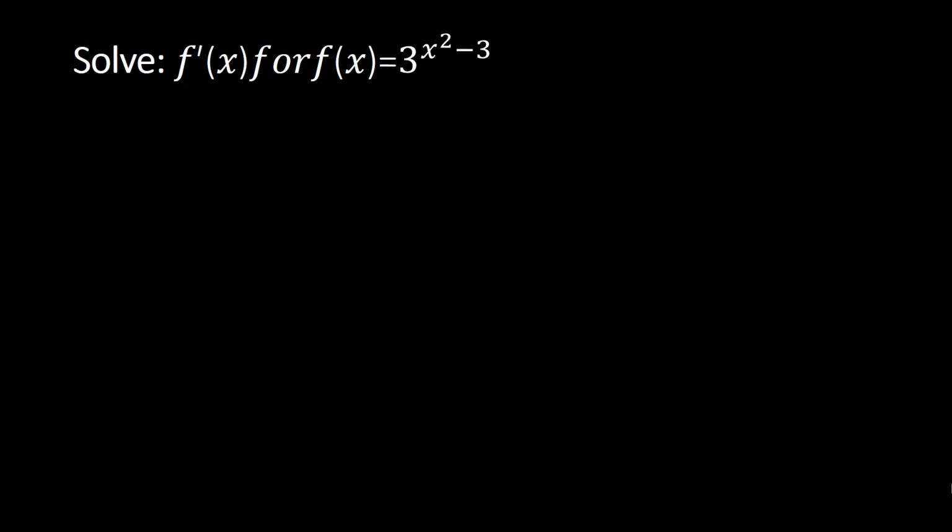So we have here: solve for f prime of x, for f of x equal to 3 to the power of x squared minus 3. So solving for the derivative of our function, we have here an exponential function.